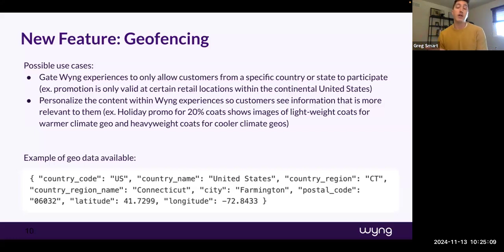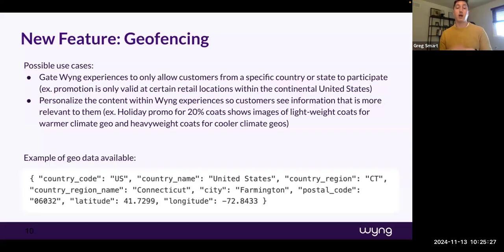Another way that you can do this is you can personalize content within a Wyng experience based upon where someone is accessing the page from. One example that we've talked about is if you're running a holiday promo for jackets or coats.